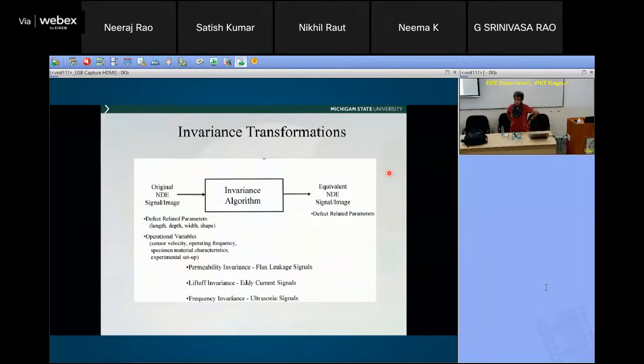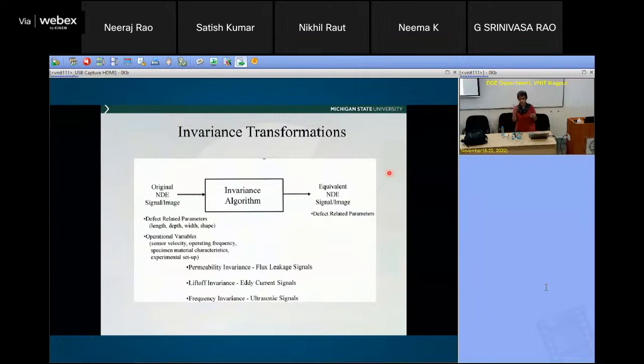Good. When you're looking at the flux leakage method, permeability invariance is important. Because these are in the pipeline, they're all spring loaded, so liftoff variation is not so important. It is there, but not so important.